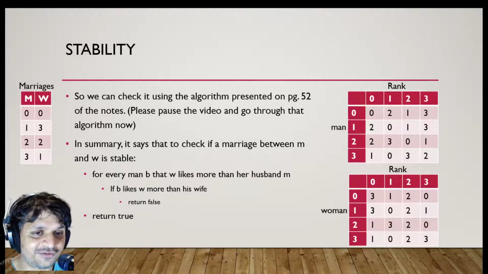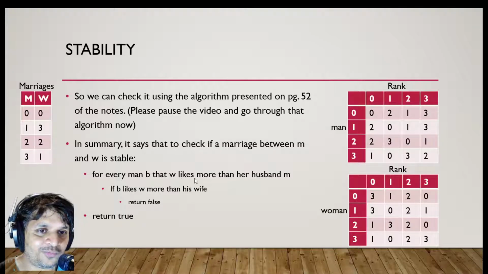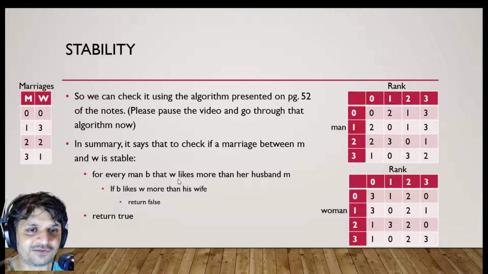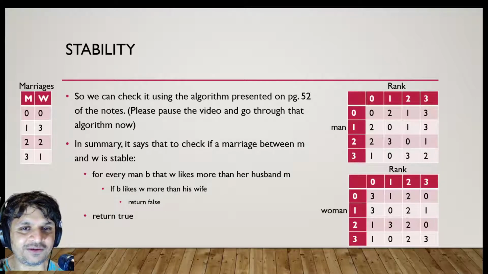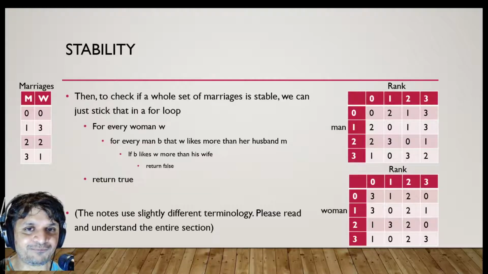So I return false, because I'm checking whether it's stable. And after I've been through the whole for loop, after I've checked every man, then I can return true to say that it is stable. Meaning I've been through all possibilities that could have made this marriage unstable, and I've decided none of them is going to happen. So fundamentally, it's checking whether there's two people who would run away with each other.